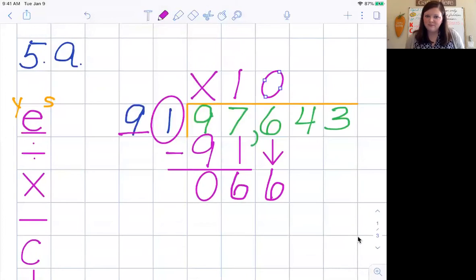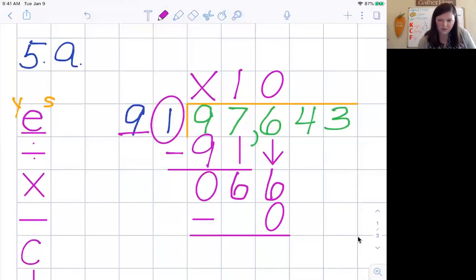We have just divided. Now it's time for us to multiply. 0 times 91. Remember, we always go back to the original number. 0 times 91 equals 0. Remember, anything times 0 equals 0. That was the multiplication. Now it's time for us to subtract. 66 minus nothing equals 66.